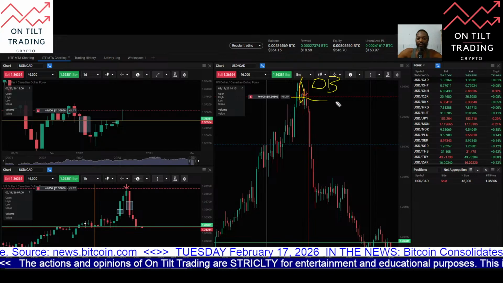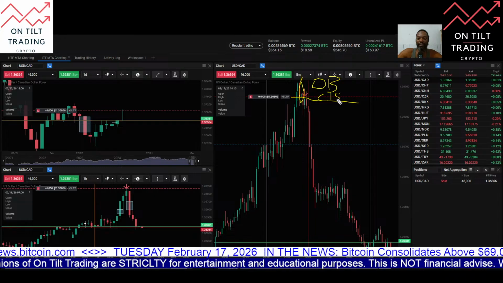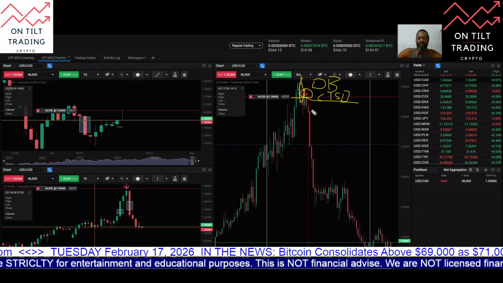Then I would look for price to retest this change in the state of delivery level, which it did, and I was able to get an entry.